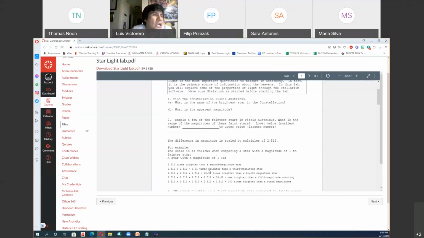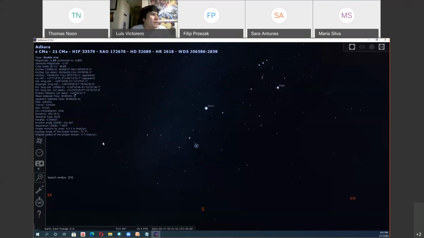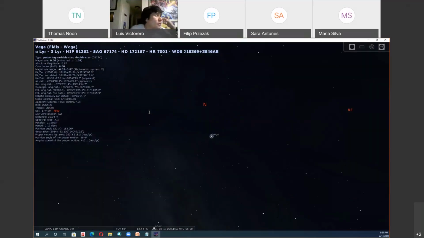So that's why it has a very small apparent magnitude. But then if we compare it to a star like Vega, I believe Vega has an apparent magnitude of 0, if I'm not wrong. Yeah, you see the apparent magnitude of Vega is 0. So between Venus and Vega, the difference is 4.